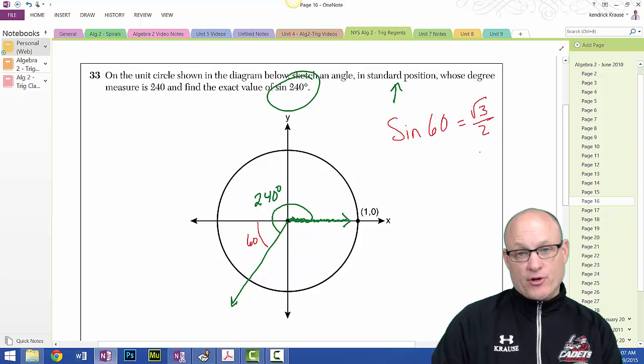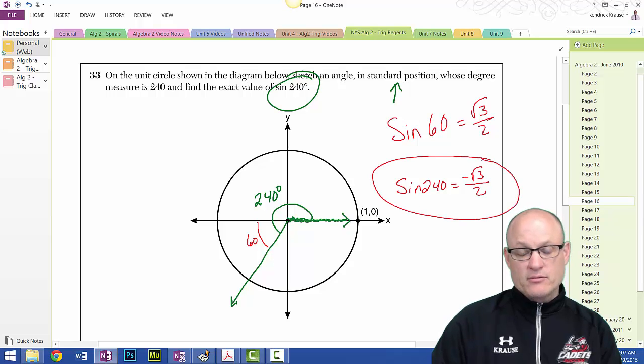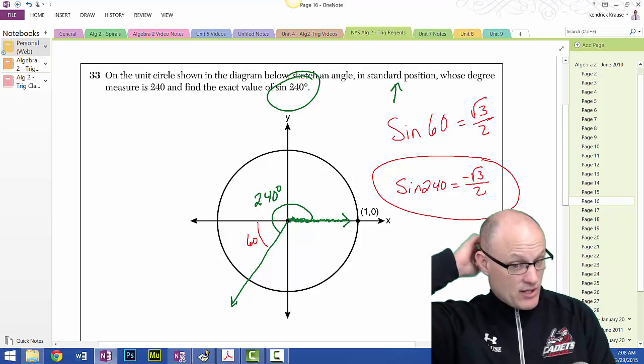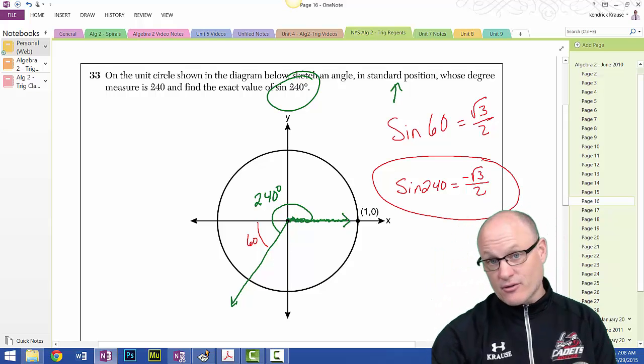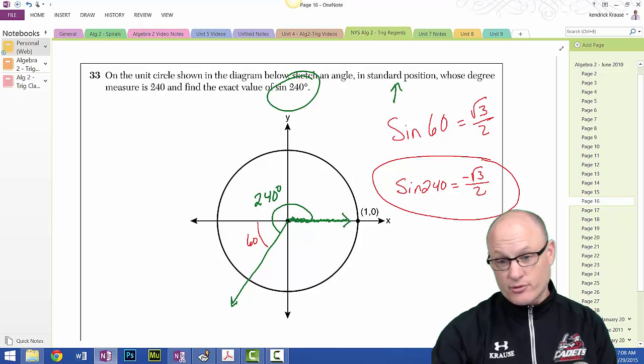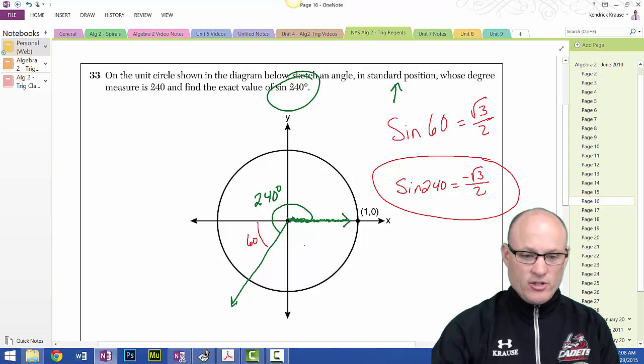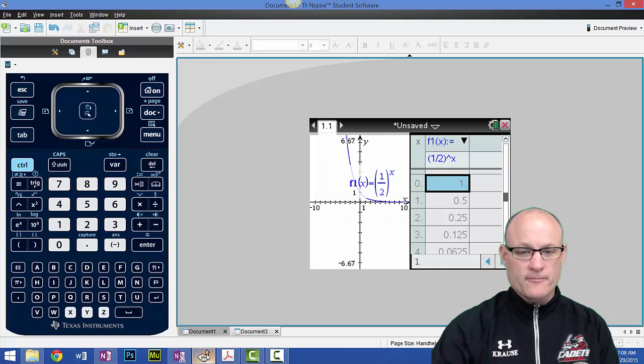But since I'm in the third quadrant, it's really negative radical 3 over 2. So the sine of 240 is equal to negative radical 3 over 2. And that's the answer. Now, if you haven't memorized that, but you know it's either the square root of 3 over 2 or 1/2 or the square root of 2 over 2, or it's negative or positive, you can always go over to your calculator.